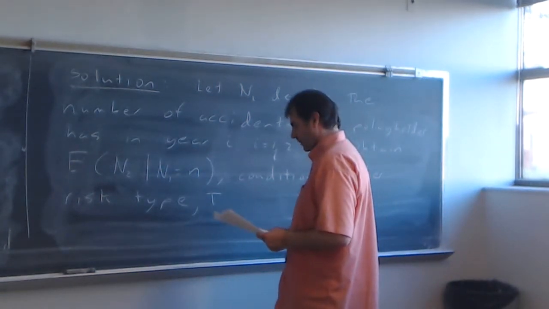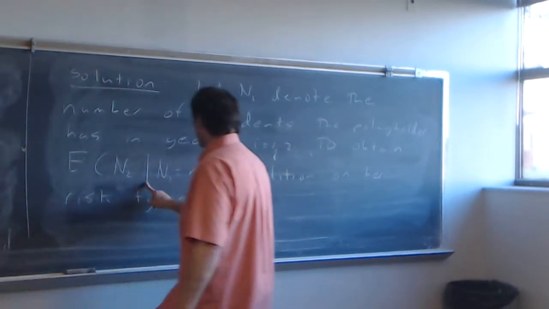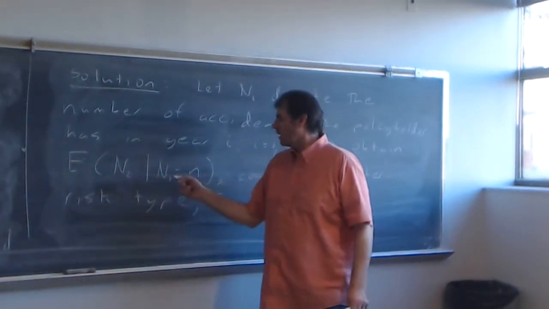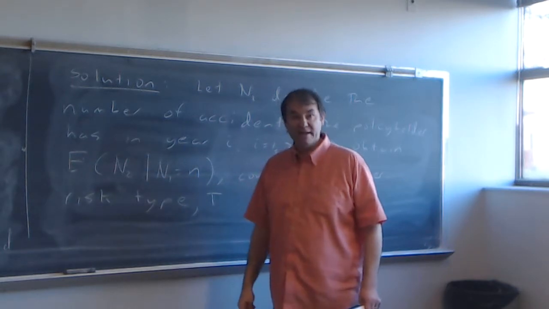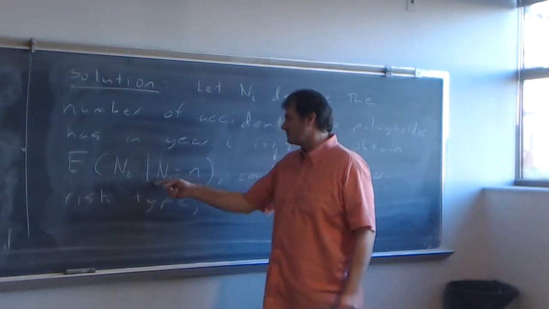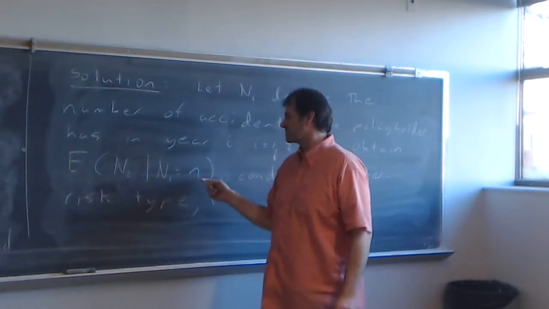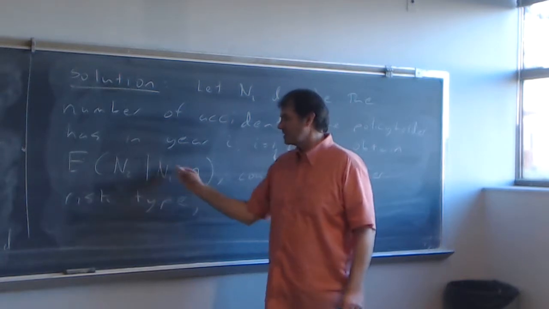Here's what I want to point out to you. N1 and N2 are independent. That's what the problem says. So if we just had the expected value of N sub 2 given N sub 1 equal to n, we'd say these are independent.